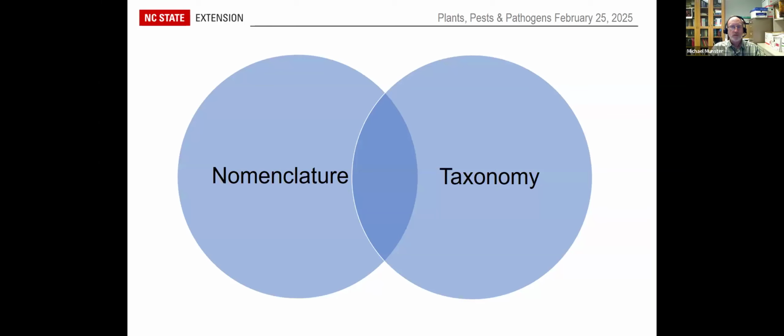The title of the presentation has to do with nomenclature, but we better define that before we start. Nomen means name, and nomenclature is the assigning of names to different units, whereas taxonomy is the classification of those units. For example, if I say, here's Devon, here's Will, here's Jose, here's Maria, that's nomenclature.